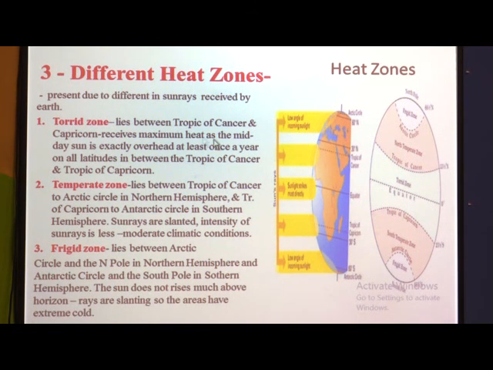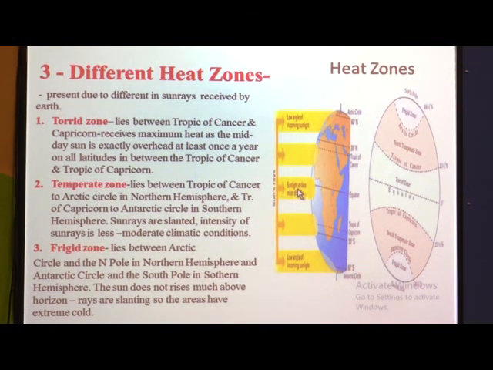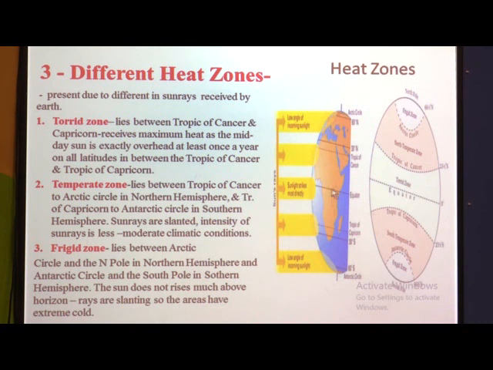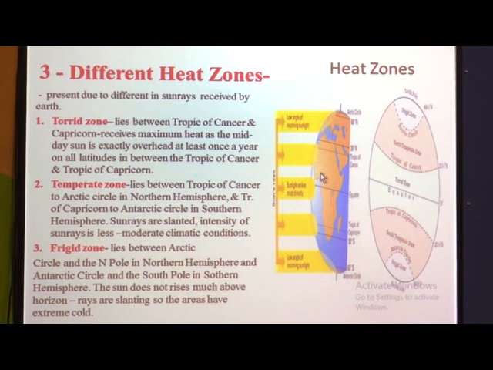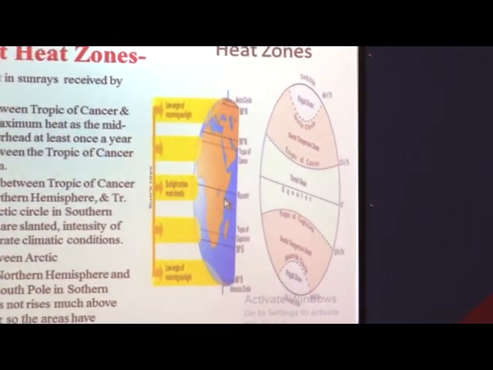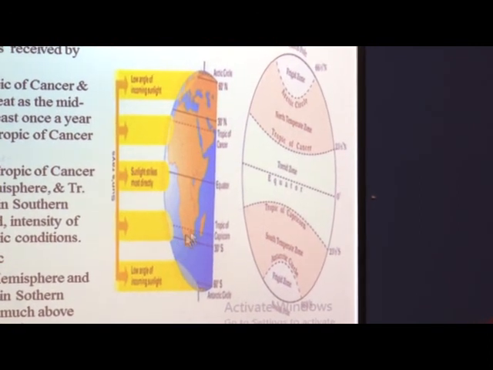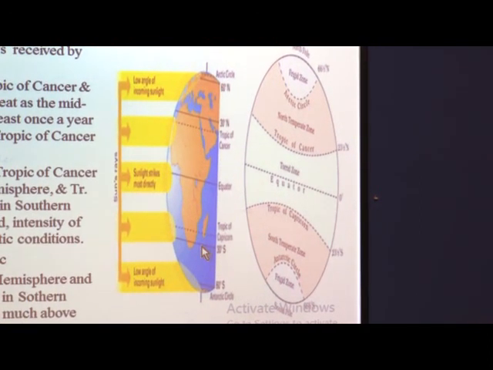See here, the sun rays are falling directly. So that's why this area, the torrid zone, receives maximum heat.